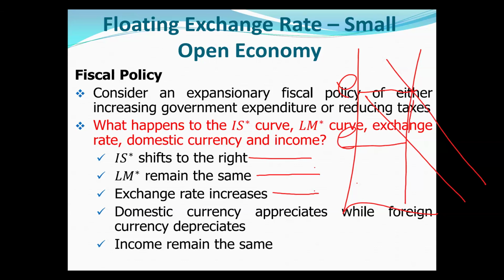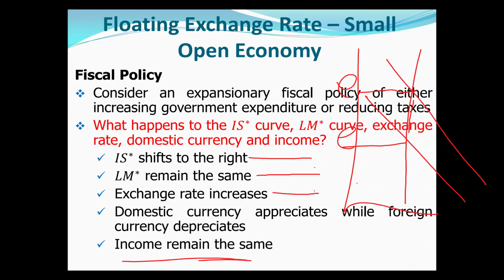Then domestic currency will now appreciate. There'll be an increase in the exchange rates. So if there is an increase in exchange rates, it means that your foreign currency has appreciated, or rather your local currency, your domestic currency has appreciated, then the foreign one depreciates.